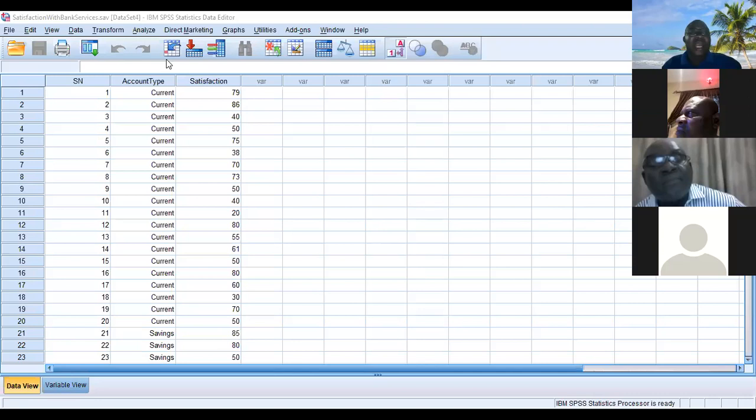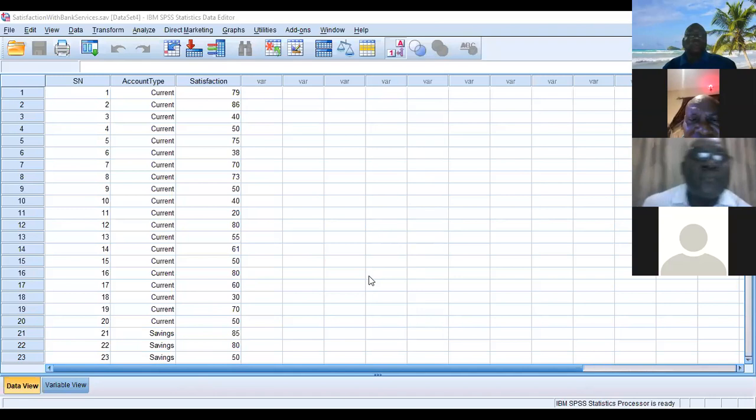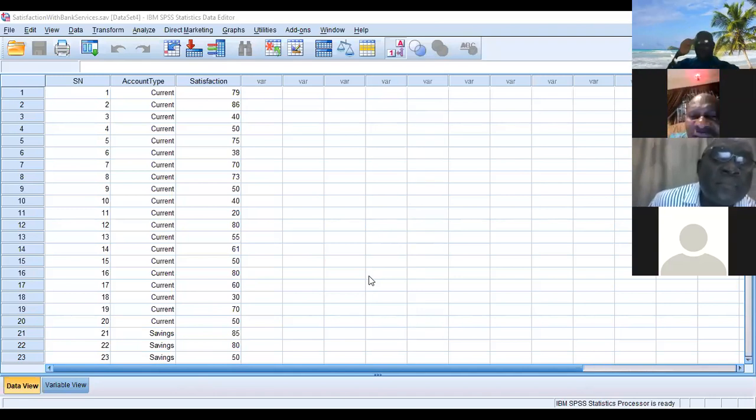If you look at it, the account types, current and savings, because they are independent, are in series. I keep on emphasizing this. Whenever you are dealing with independent groups, when you finish entering one, you continue with the other. Unlike the paired one, you remember the depression, Sunday and Wednesday, in separate columns, in parallel.